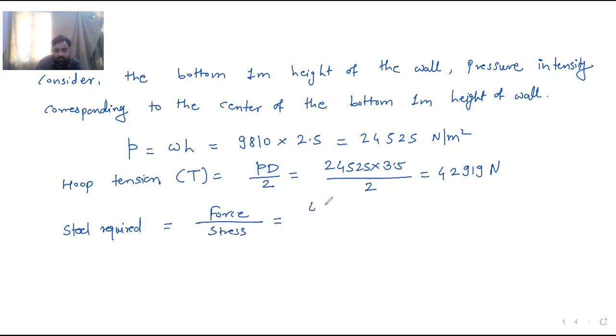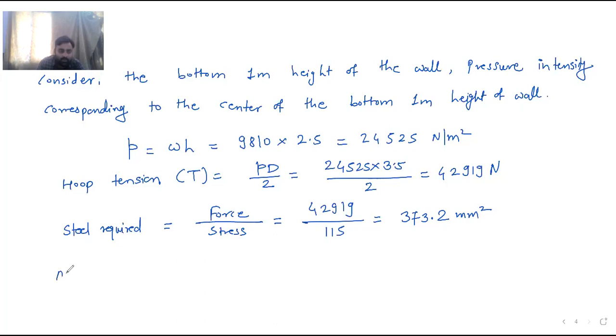So force is 42919 divided by stress, which is 115. If you do this, you will get the area, and that area is 373.22 mm square. This is the steel required. This much steel is required.